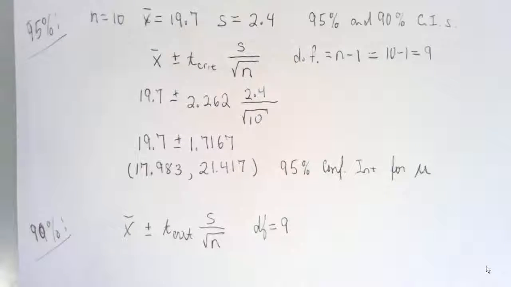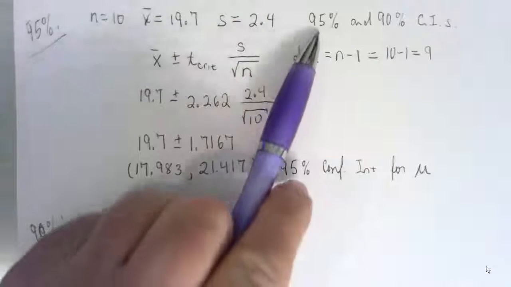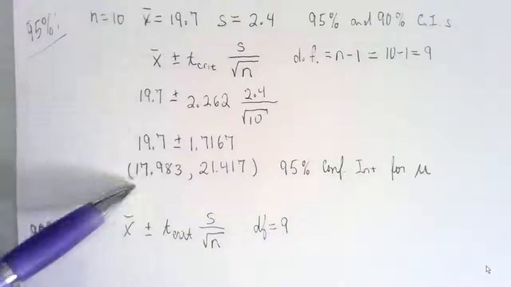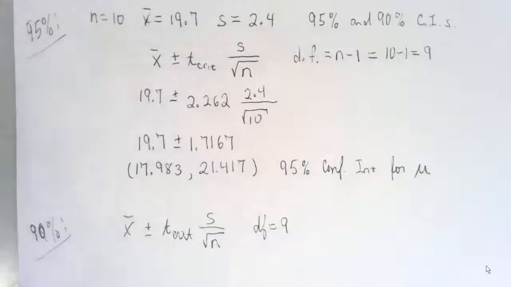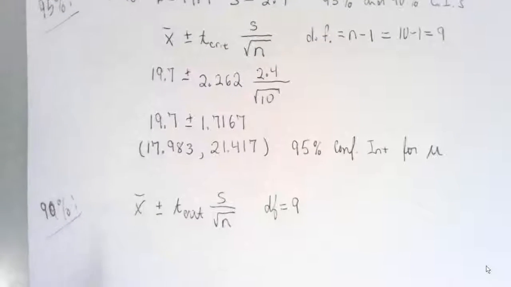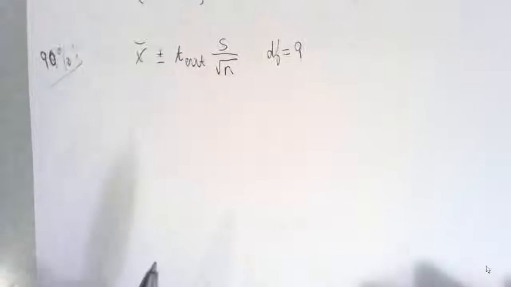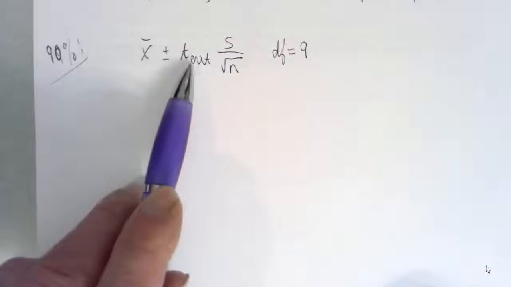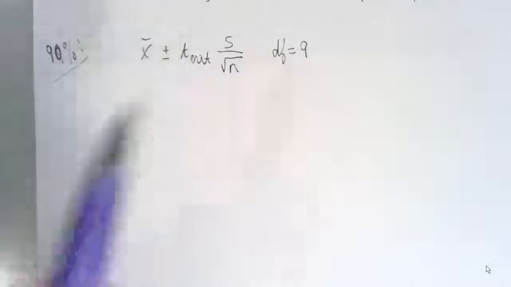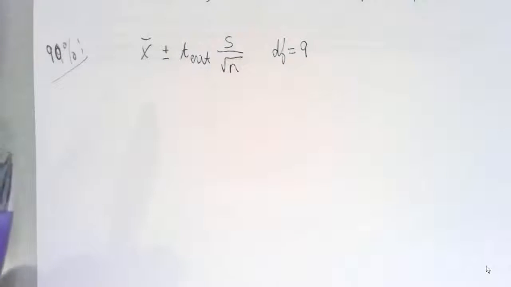Now the instructions were to do this for a 95% confidence interval, which we did right here, and then to do it again for a 90% confidence interval. Well, the 90% confidence interval, just like in the case where you know sigma, is the same. The only difference is going to be in the critical value here, and of course now we're working with the t distribution rather than the z distribution.